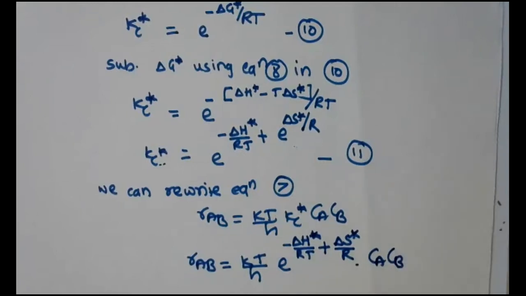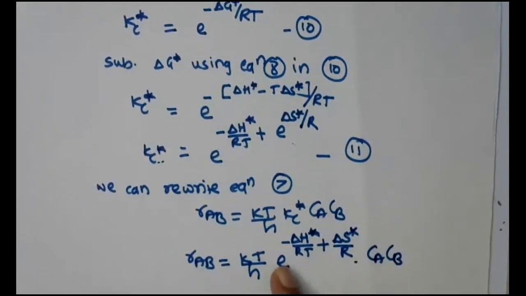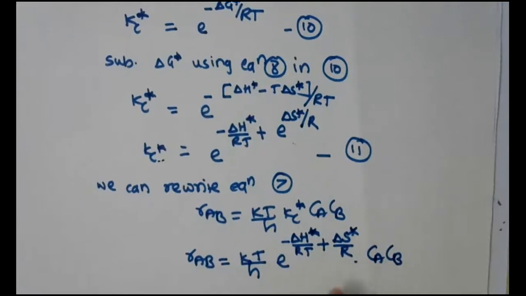Now I could have written it in another fashion also, that e raised to minus delta H star upon RT multiplied by e raised to delta S star by R, CACB.